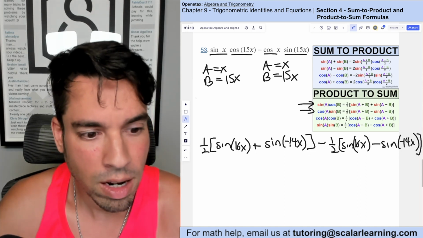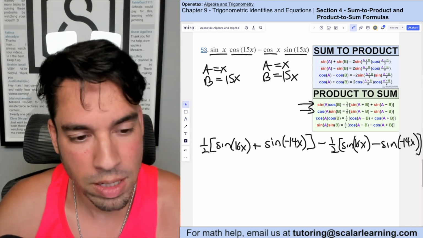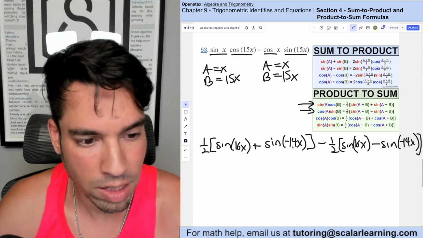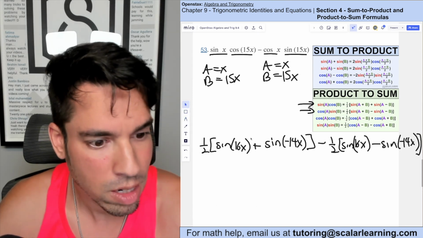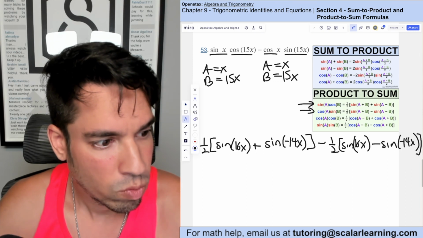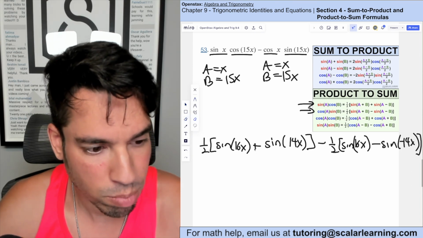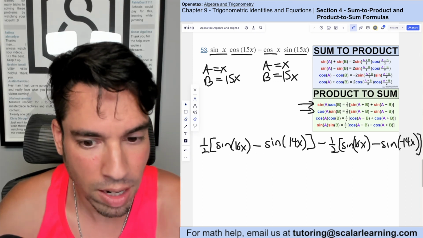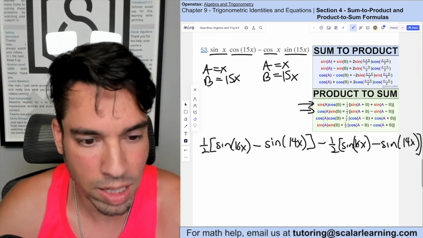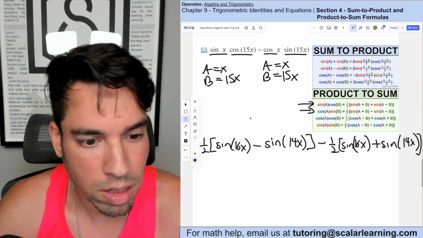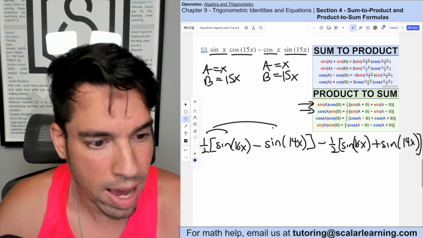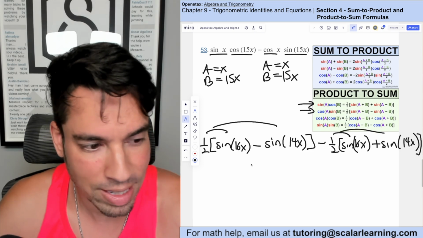Now, because sine is an odd function, sine of a negative value is the same as negative sine of that positive value, which means I can basically remove this negative here as long as I bring it out here. So that would make this negative. I can do the same thing, remove this negative out here, but that's going to flip that to be a plus. Okay, cool.